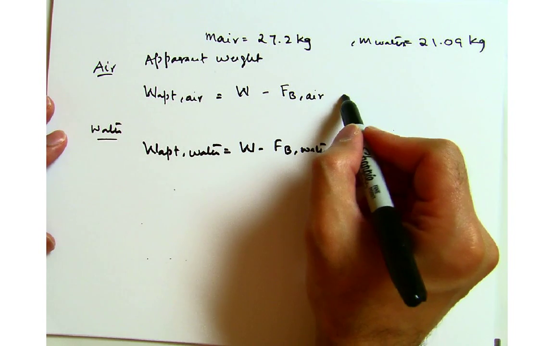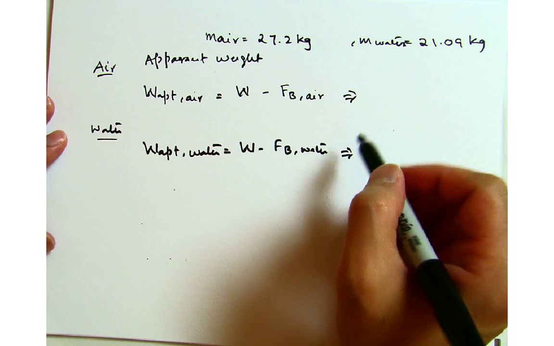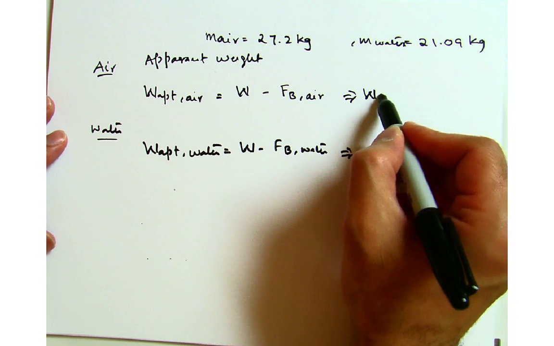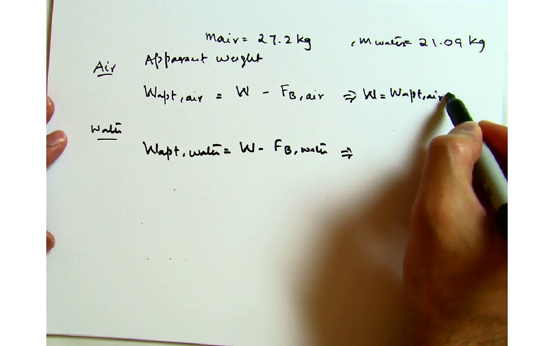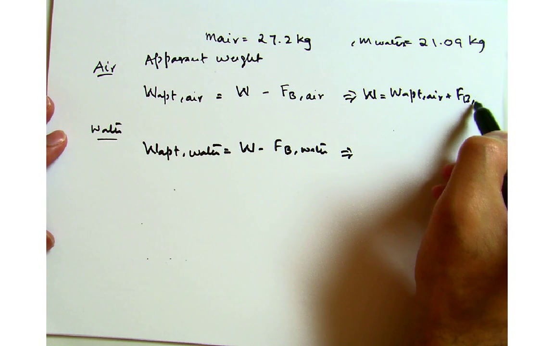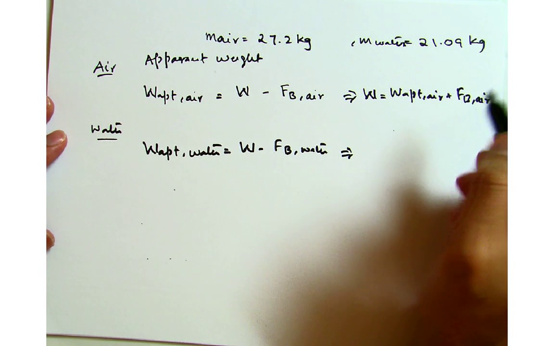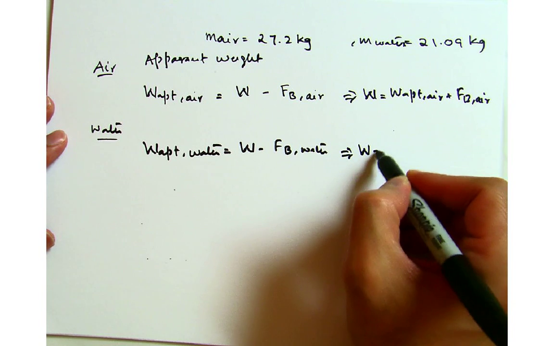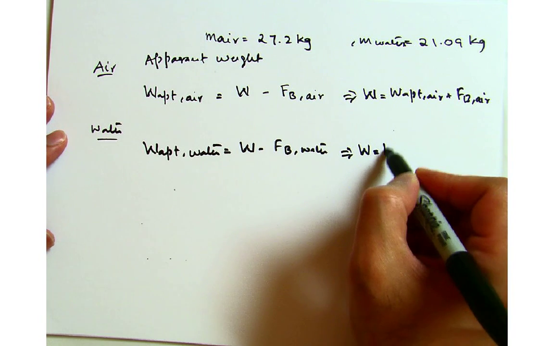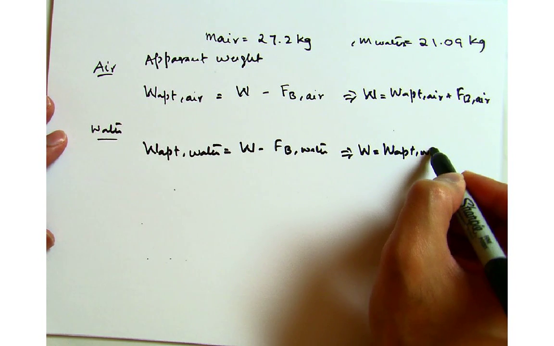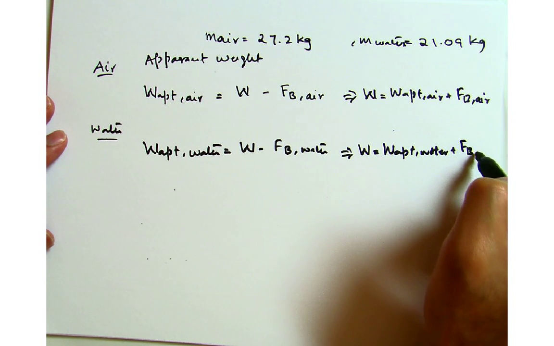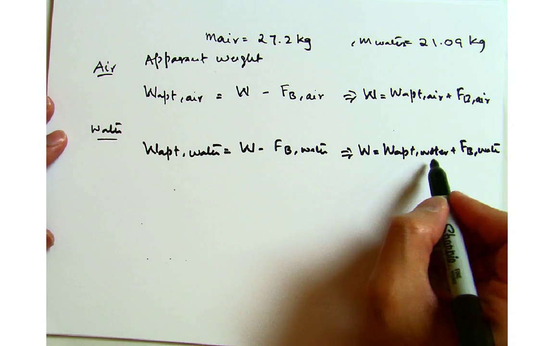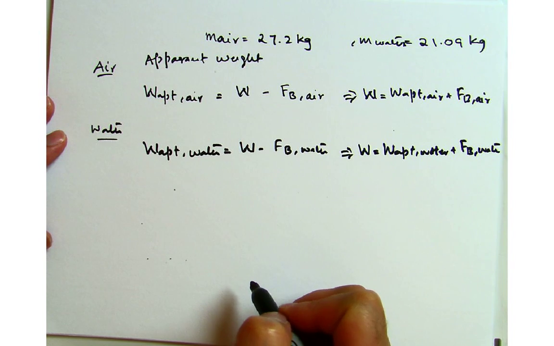I can write this as the weight is equal to the apparent weight in air plus F_B, the buoyancy force in air. And I can also write this as W is equal to the apparent weight in water plus the buoyancy force in water.